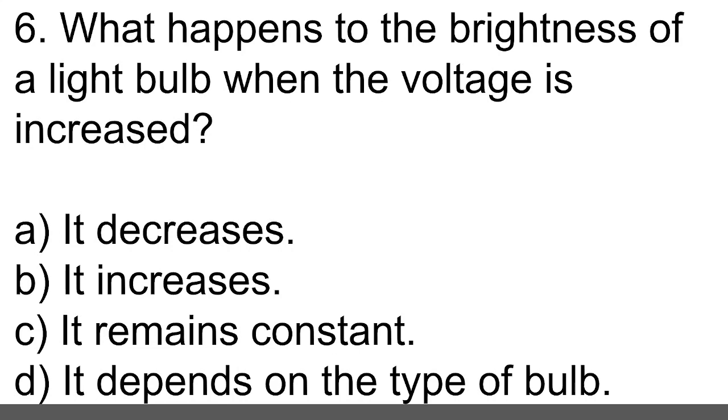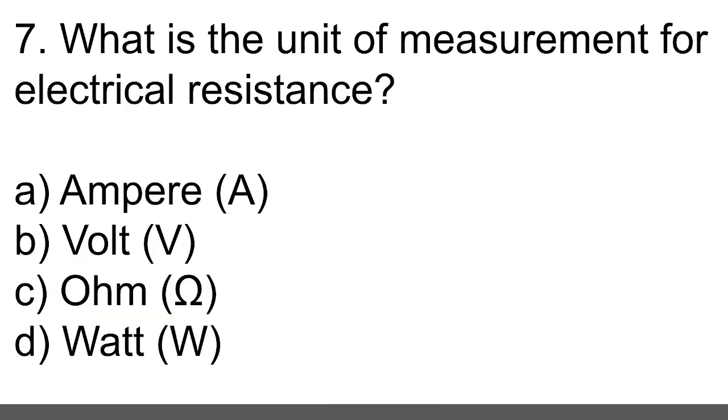So the stronger the force, the more light it can produce. Therefore, our answer here is letter B, it increases. A higher voltage means it can push a greater amount of electrons, resulting in brighter light.